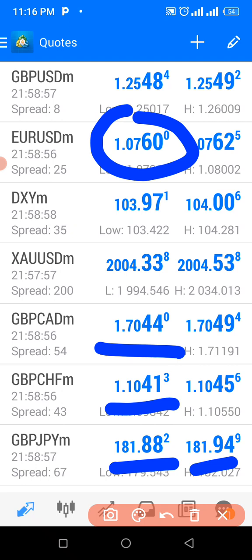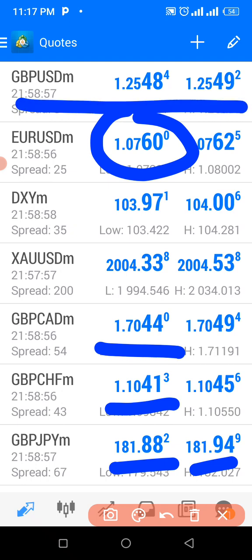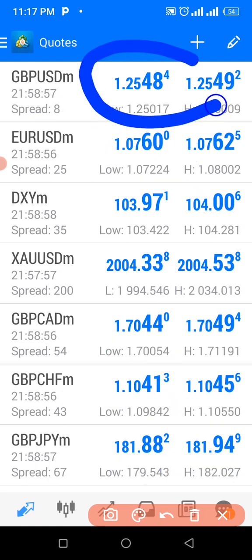Now, if you look into the MT5 platform, the MT4 platform, or the TradingView platform, you will see that some brokers will give you up to 5 decimal places, like in the case of GBP USD, the first one that we have there. Some brokers will give you up to 5 decimal places, and the 5th one is what we call the pipette.